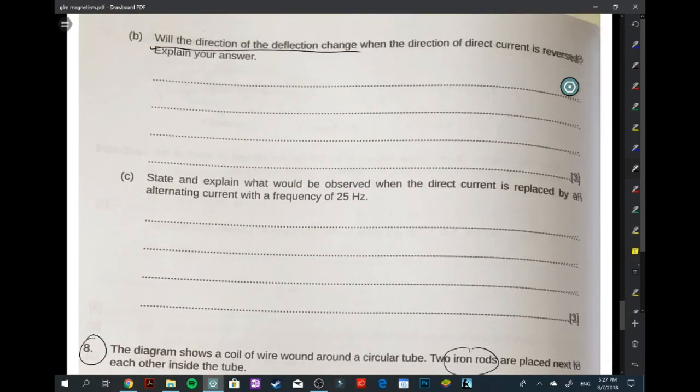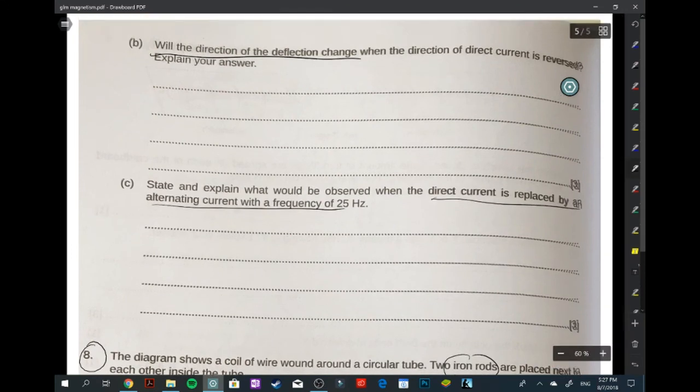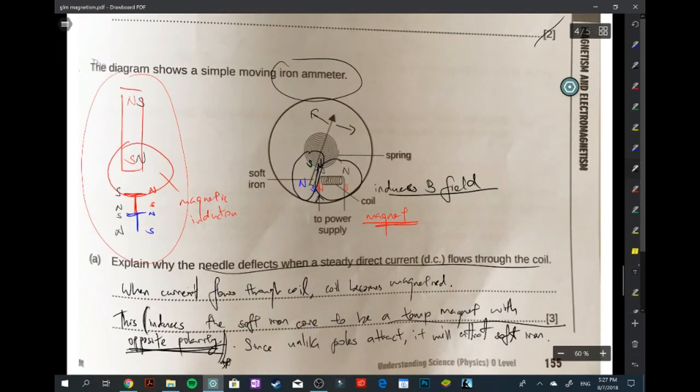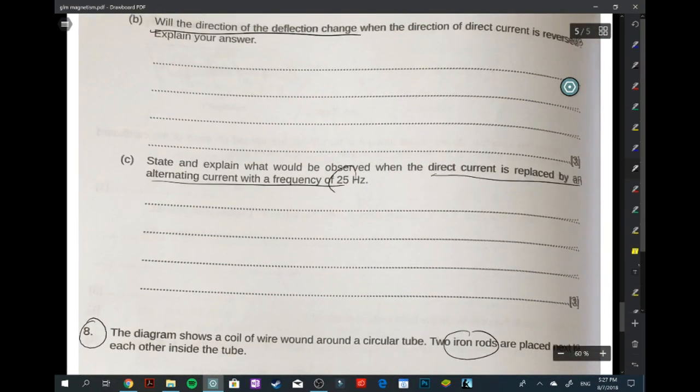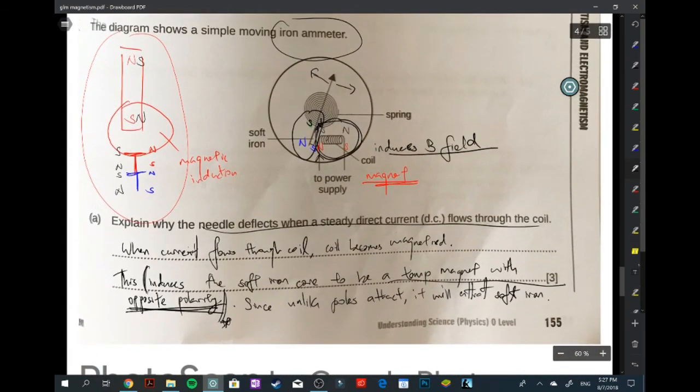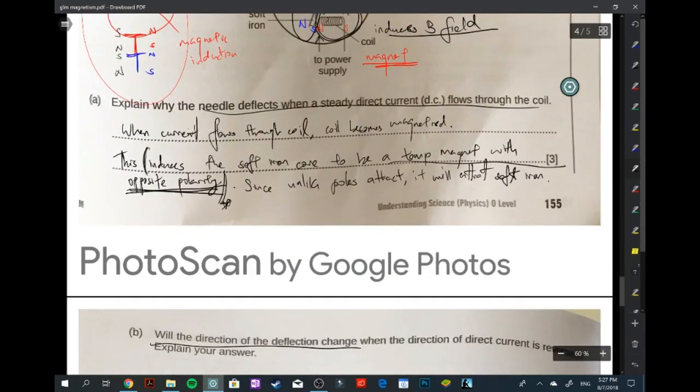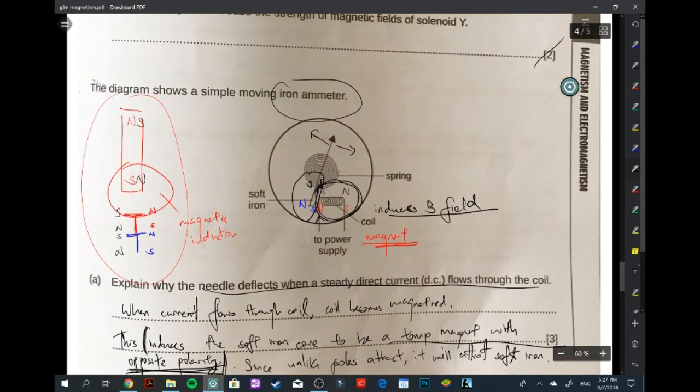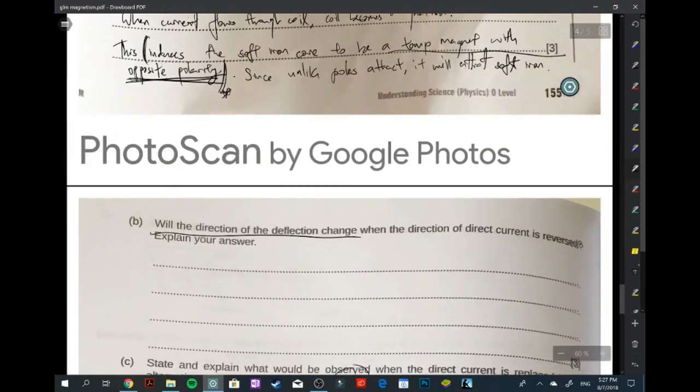Now if you have replaced the DC current with an AC of 25 Hz, the direction of the current in this coil will continue to change. It changes according to this 25 Hz. That means it will change 25 times in 1 second. However, using this principle, it induces the soft iron core to be a temporary magnet with opposite polarity every time the coil changes direction.